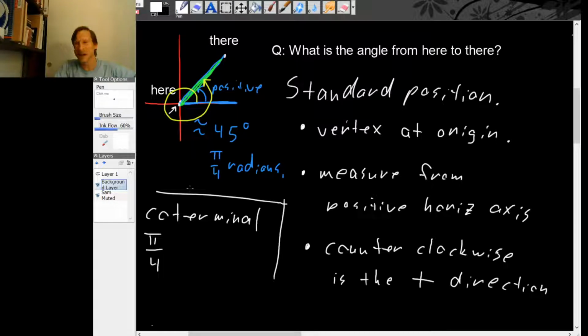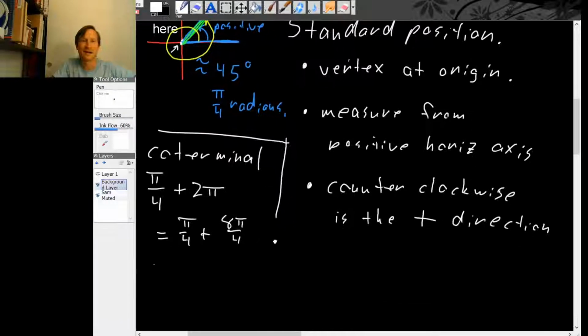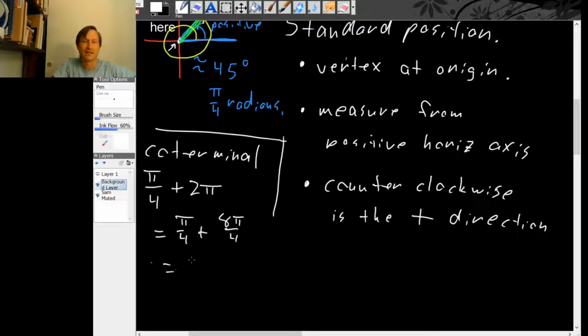But we know that in radians, a complete rotation is 2 pi. So we can take our pi over 4 and just add 2 pi to it. And that will give us the coterminal angle, the yellow one. So pi over 4 plus 2 pi, that's pi over 4 plus, let's see, 2 pi is 8 pi over 4. So that's going to be 9 pi over 4 radians.